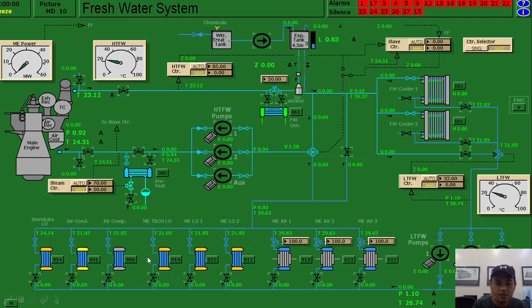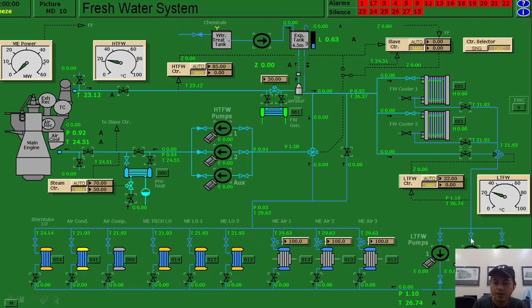There are different coolers here. Let's start here at the low temperature freshwater pump. From the pumps, we have the low temperature freshwater pump number one, number two, and then an auxiliary low temperature freshwater pump. The auxiliary pump is used in port if the engine is not running, so we will only use a smaller pump with a smaller motor.